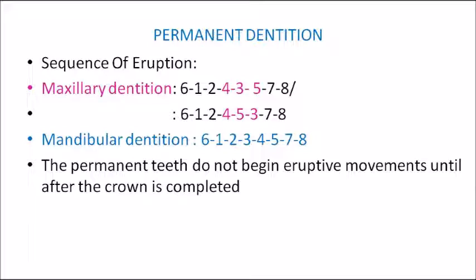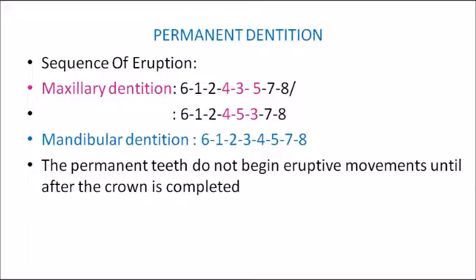So first permanent molar, central incisors, lateral incisors, first premolars, that will be following the same sequence. Sometimes the second premolars can precede the eruption of your canines in the upper arch. So then the sequence of eruption will be 6, 1, 2, 4, 5, 3 and 7, 8. The normal sequence is 6, 1, 2, 4, 3, 5, 7, 8. But sometimes it can erupt like 6, 1, 2, 4, 5, 3, 7, 8.